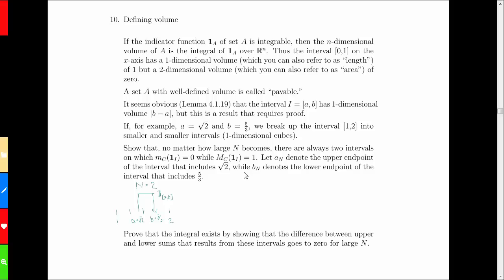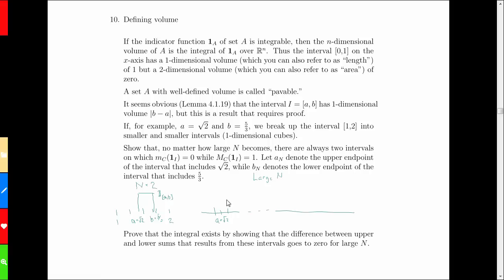Now let's consider what happens for a large value of n. We'll move along the x-axis. Here is a, which is the square root of 2.